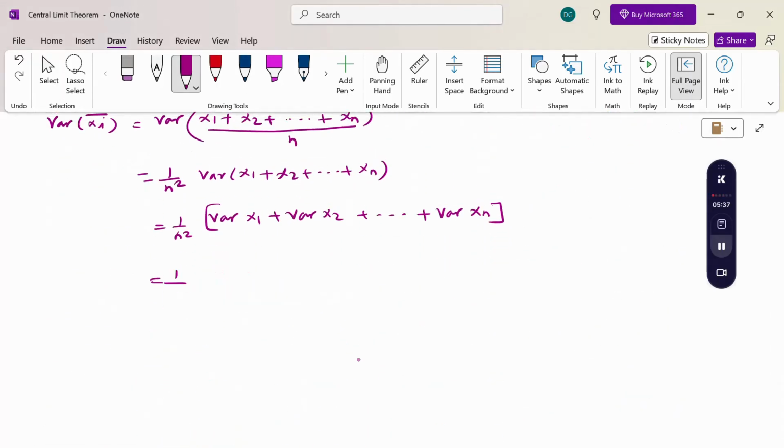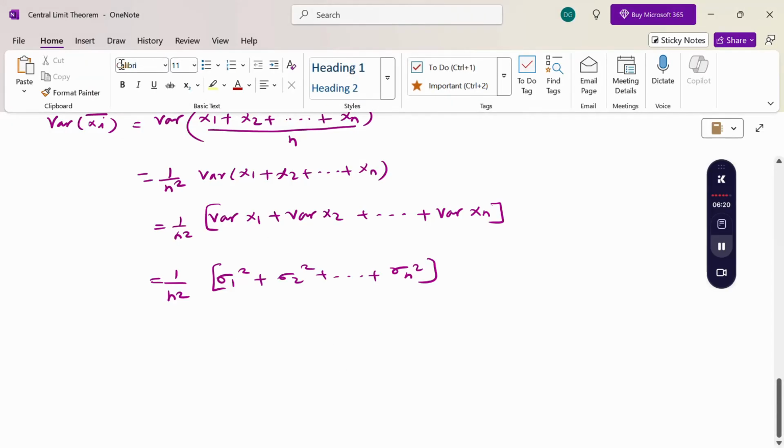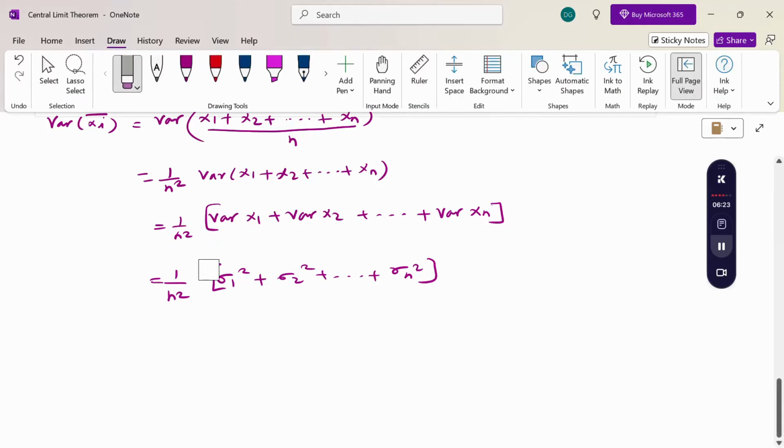Therefore 1 by n square, and here the variance of X1 is sigma square, variance of X2 is sigma square, up to variance of Xn is sigma square. These are n terms.